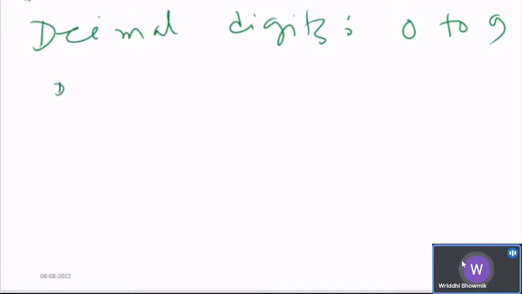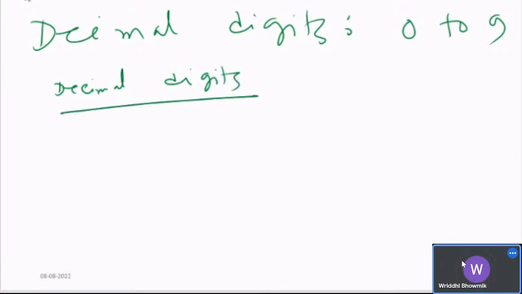So I will write here decimal digits, and here it will be BCD, binary coded decimal. So you have 0, 1, 2, 3, 4, 5, 6, 7, 8, and then 9. And we will do encoding with 4 binary digits.